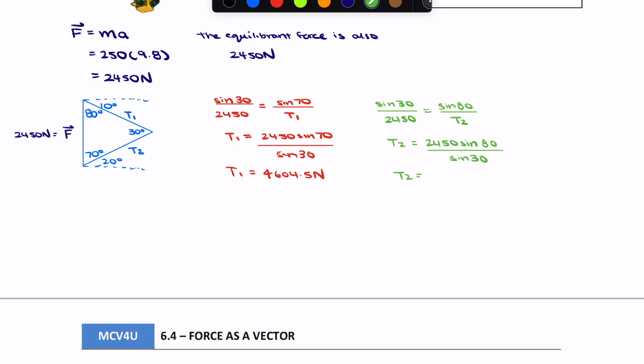So tension 2 is equal to 4,825.6 newtons. And so therefore here we see that tension 1 is 4,604.5 newtons, and tension 2 is 4,825.6 newtons.